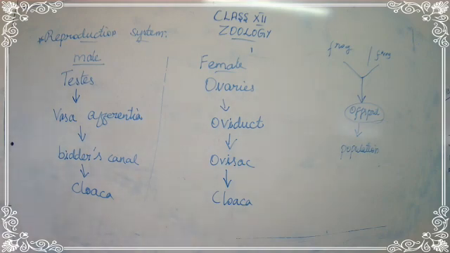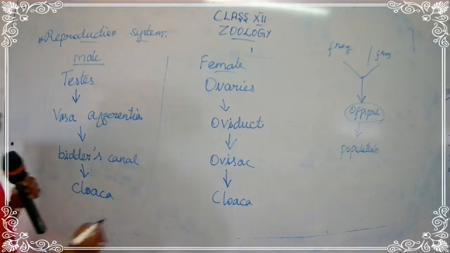The ovaries have a pair of oviducts and the oviduct has an ovisac. The ovisac opens into the cloaca, and after the male's vasa afferentia release sperm, external fertilization starts.